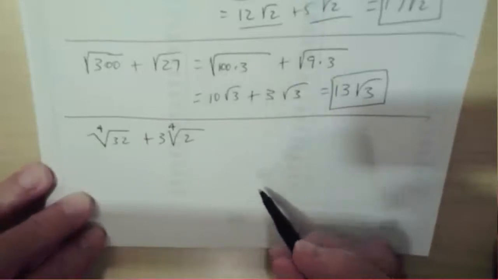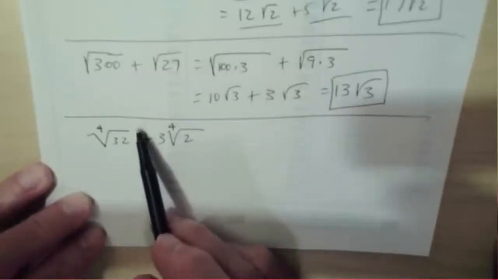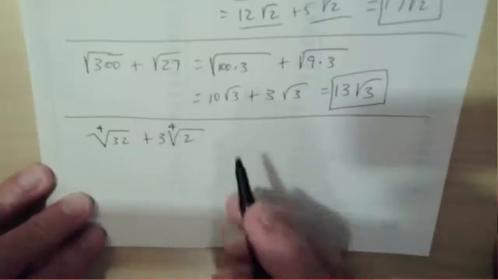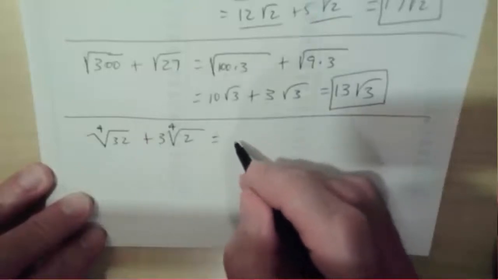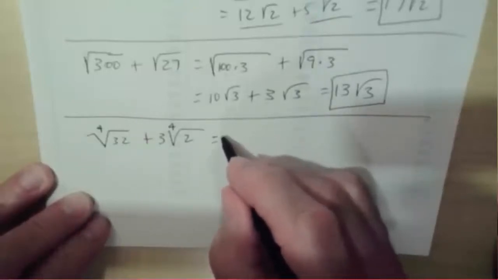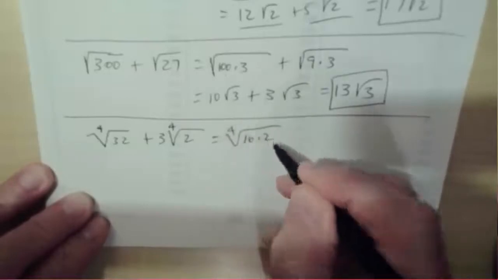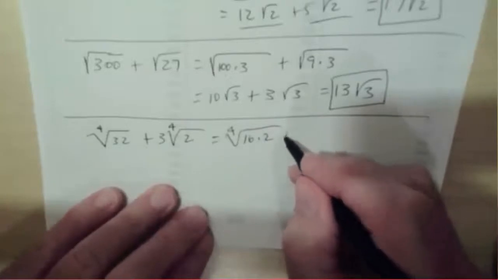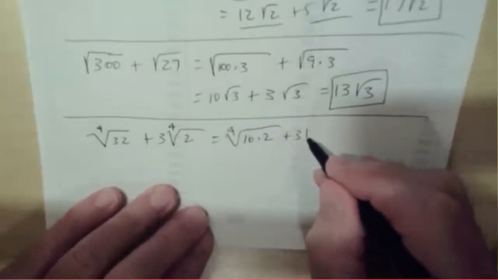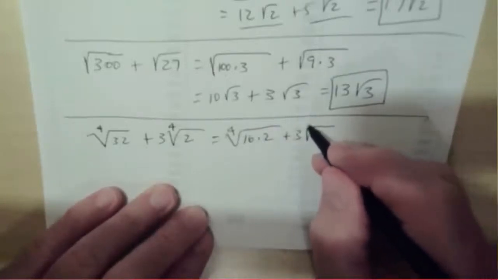Now, what is the fourth root of 32? We can factor that into the fourth root of 16 times 2 plus 3 times the fourth root of 2.